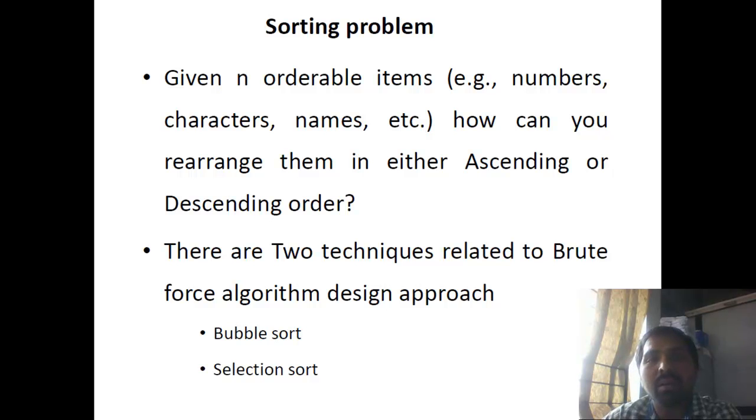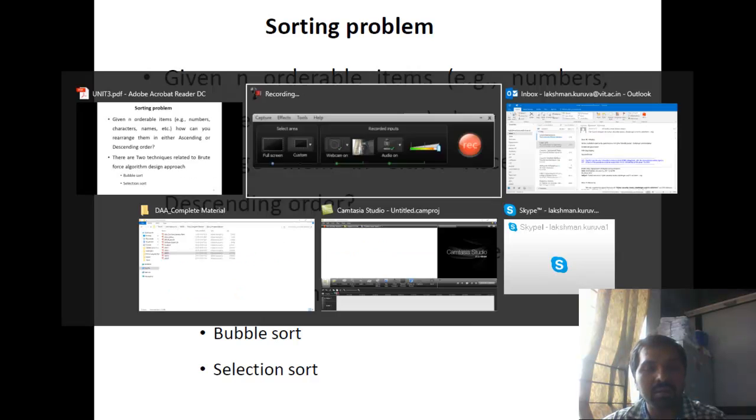Given orderable items, for example numbers, characters, names, etc., how can you rearrange them in either ascending or descending order? That is the use of the sorting procedure. There are two techniques related to the brute force algorithm design approach: bubble sort and selection sort.